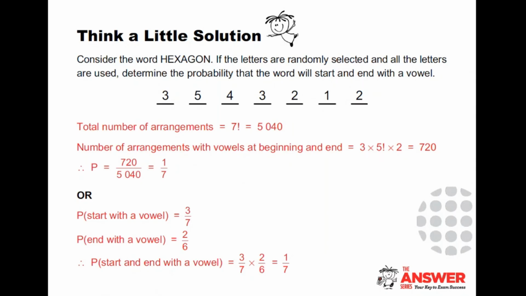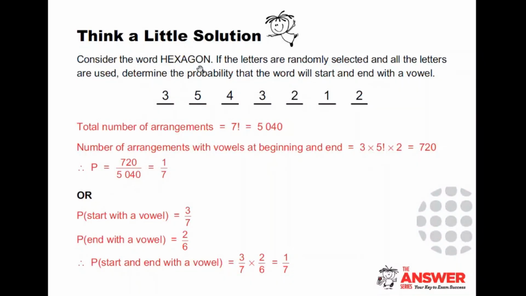If I look at it with probability, how many vowels do I have? 3. How many letters do I have? 7. What's the probability it starts with a vowel? 3 over 7. What's the probability that it ends with a vowel? Well, once I've put a vowel in the first space, how many vowels have I got left? 2.